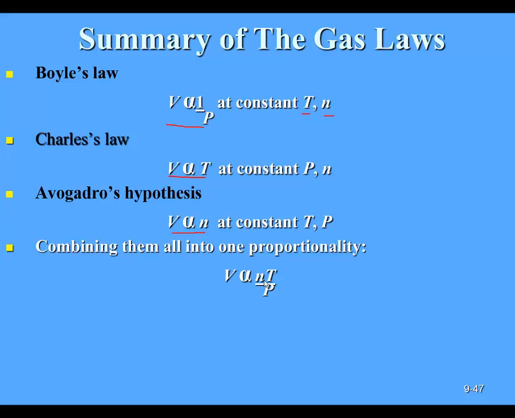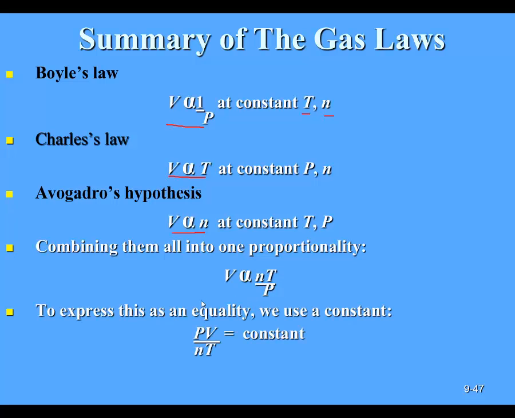So I'm going to go ahead and isolate all of my variables on one side of the equation, relate that to a constant, so I can say that we have pressure times volume over my number of moles and over my temperature in Kelvin is equal to a constant. Now if we had an initial pressure, an initial volume, an initial number of moles, an initial temperature, that is equal to a constant.